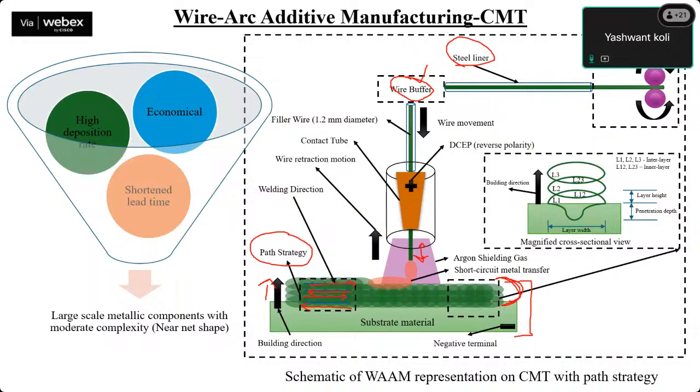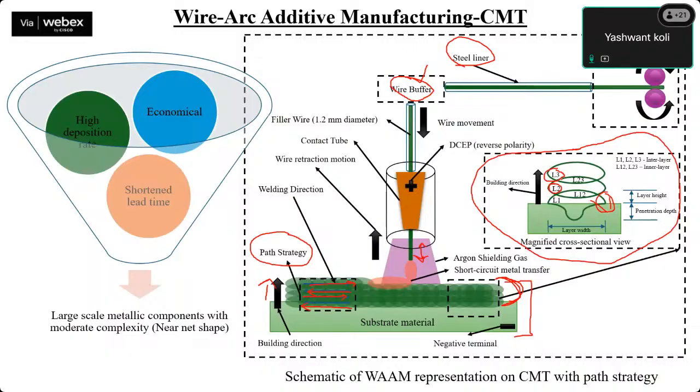So this is the cross-sectional image. If you can see in this image, this is the magnified cross-sectional view of this area. So you can see this is the first layer, this is the second layer L2, and L3 is the third layer.